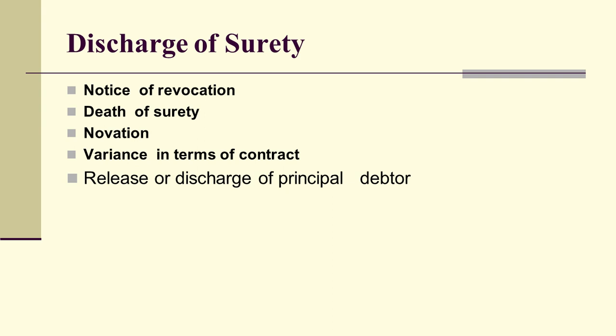When the principal debtor is discharged, meaning he has performed the contract completely, the surety is also discharged from the contract. So with the release of the principal debtor, the surety is automatically released from the contract of guarantee.